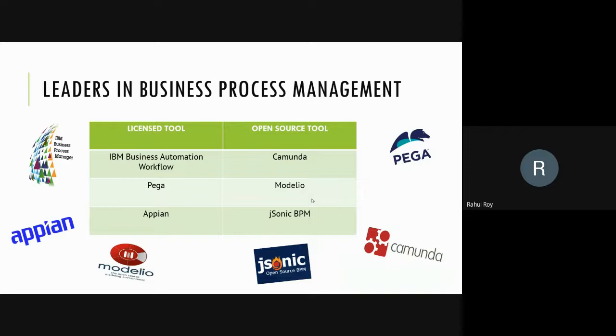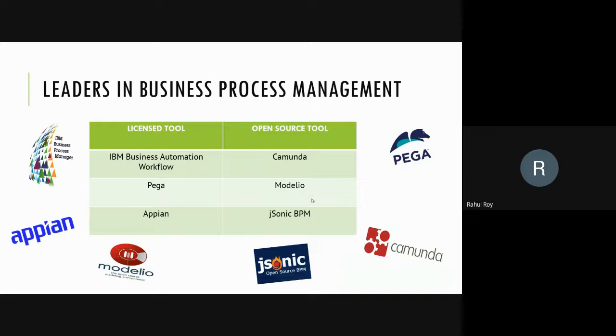Appian was also there, but in the middle; Appian lost something and went to the second quadrant. Then again, Appian has come up over the last few years because it had a few issues on the UI part, but they have improved a lot on the UI.